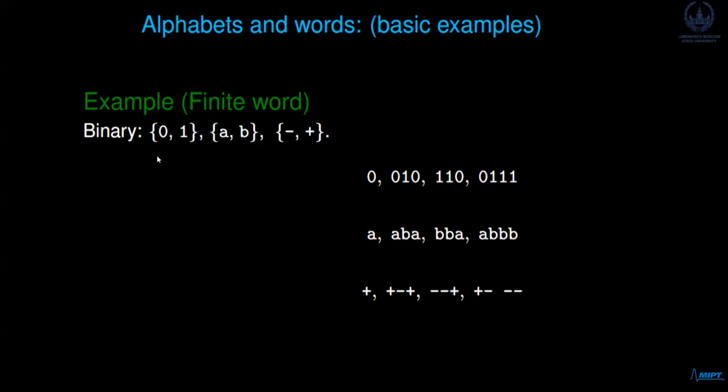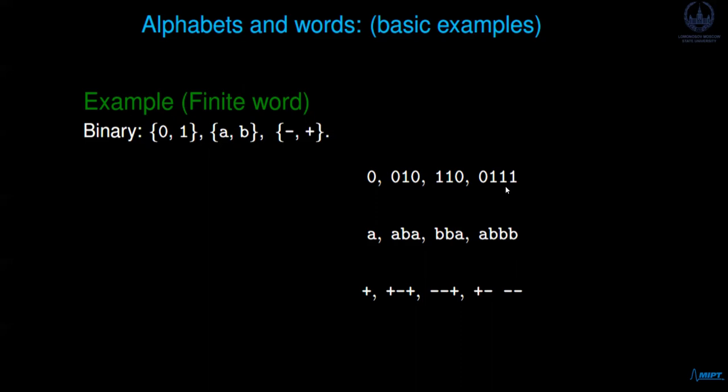With this we can form finite words such as 0, 00, 1, 01, 10, 011, 100, 111. So these are sequences of zeros and ones of varying lengths, and each sequence is a word over the binary alphabet.